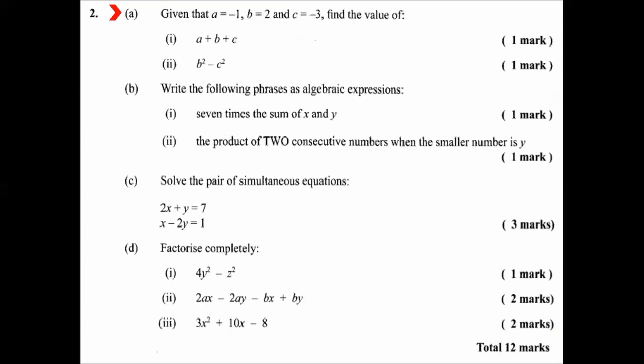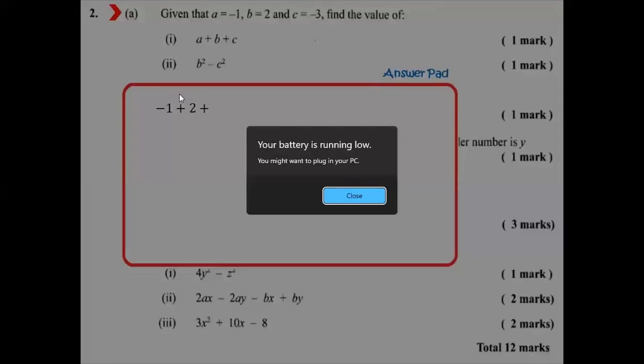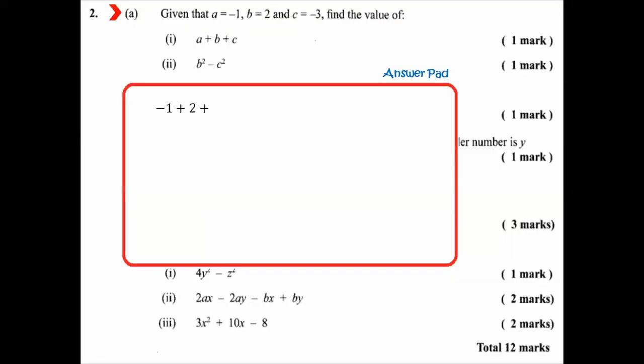All right, so moving on to another question, and this question here is something that we are familiar with. It is substitution. Grab our answer pad here and let's go. So A is minus 1, B is 2, and we're seeing where that C value there is minus 3.